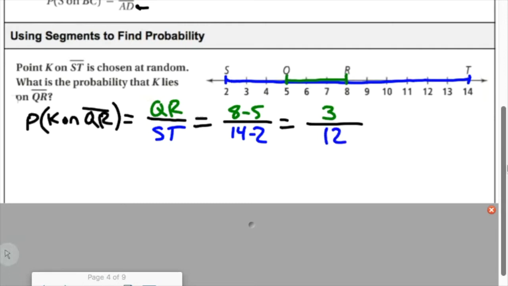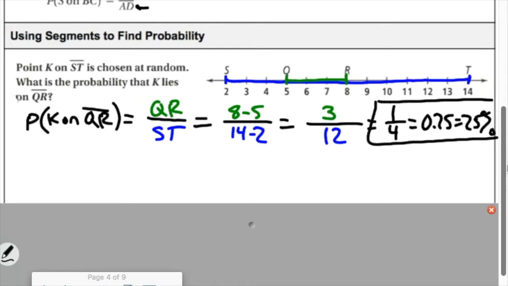So this is going to reduce down to 1/4. So 1/4, there's a 1 out of 4 chance that we land somewhere on that green segment, or there's a 0.25, or there's a 25%. They're all the same exact answer. They're all equally acceptable. They all mean the same thing. So if you have to do a problem like that, subtract your endpoints and see what the fraction simplifies down to.